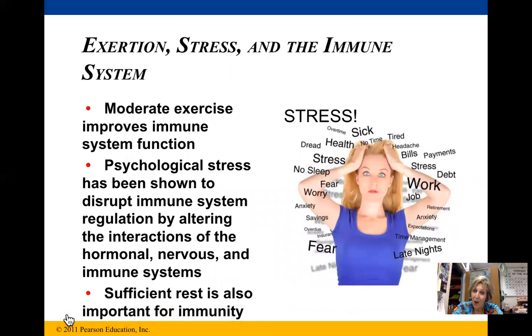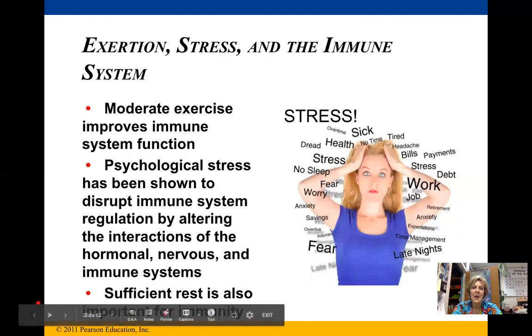What can we do to help our immune system? Well, moderate exercise definitely improves the immune system. I once read someplace that somebody said, if you could bottle the effects of exercise, it would be the most fantastic drug ever made. So exercise really does a lot of good things.